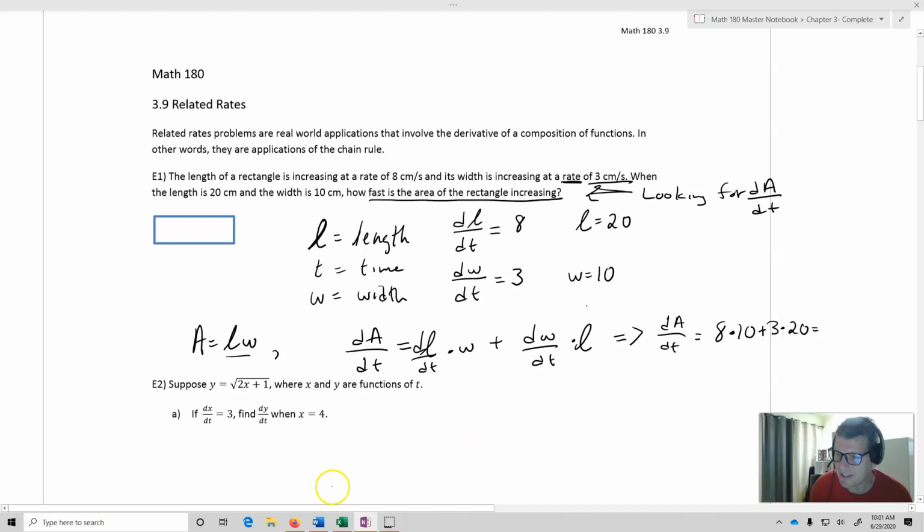So that's 80 plus 60, that's 140 centimeters squared per second.